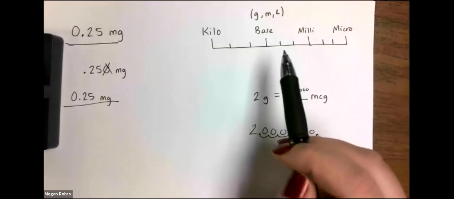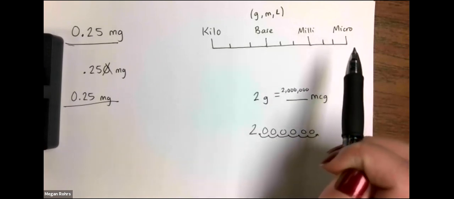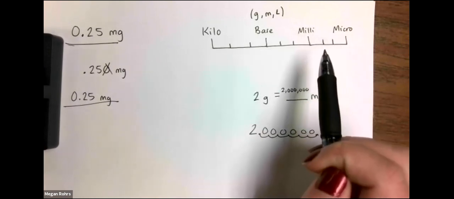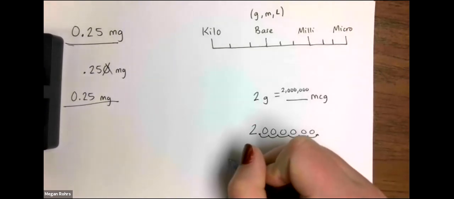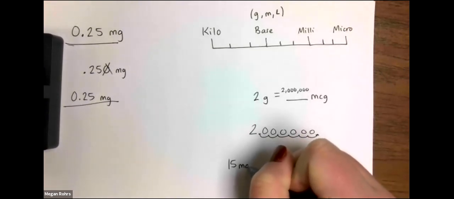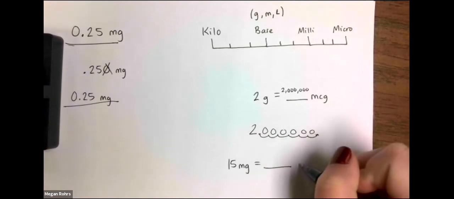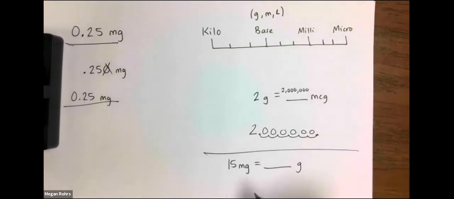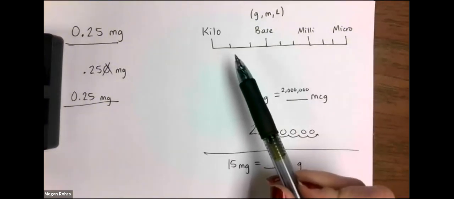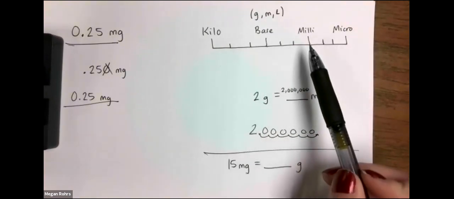Now, we can do this going any way, starting from anywhere on this line as well. So let's say we have 15 milligrams, and I want to know how many grams that is. So if we are, once again, looking at our number line here, we're going to start at milligrams.